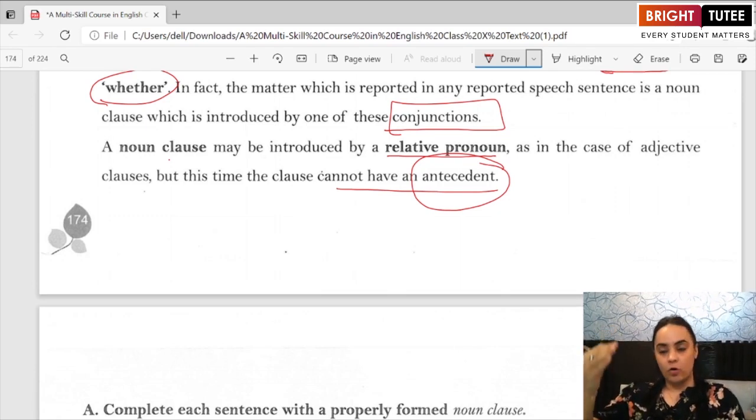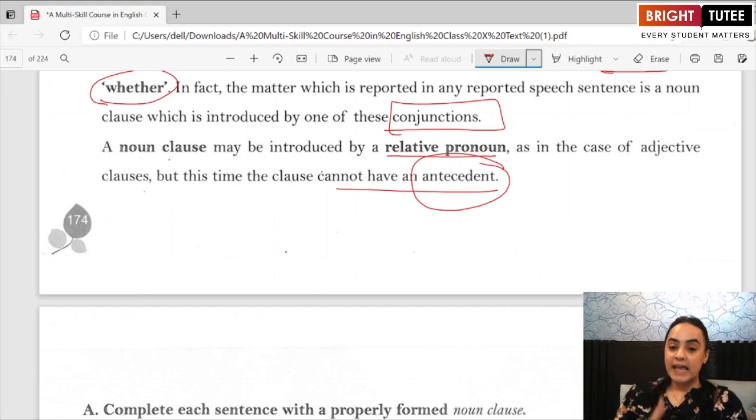We have gone through examples classifying each of them. Next, we learned that a noun clause will always begin with a conjunction: that, if, or whether. So either of these three conjunctions will be used in a noun clause. Also, we learned that a noun clause can also begin with a relative pronoun, but it should not have an antecedent.